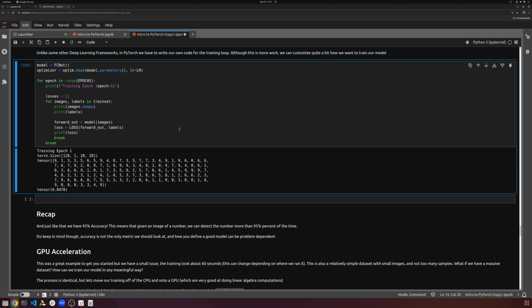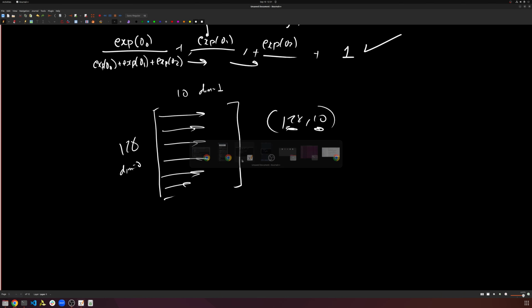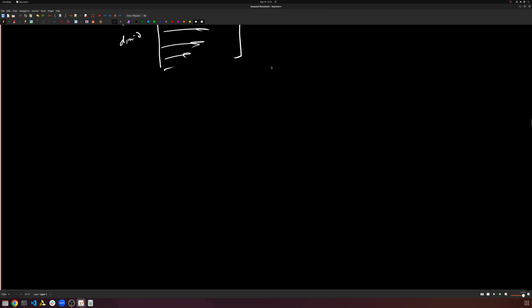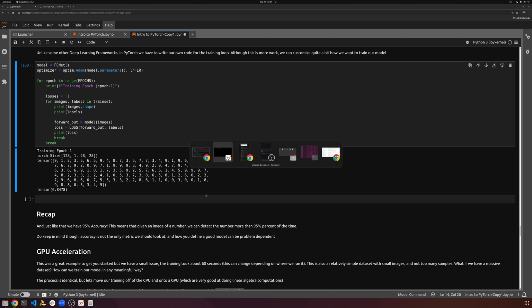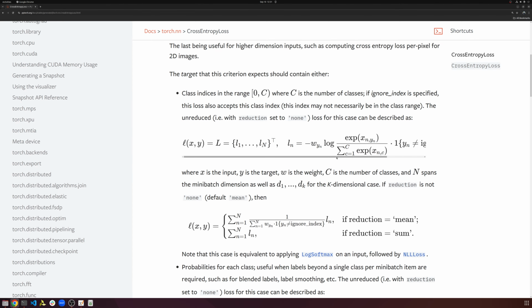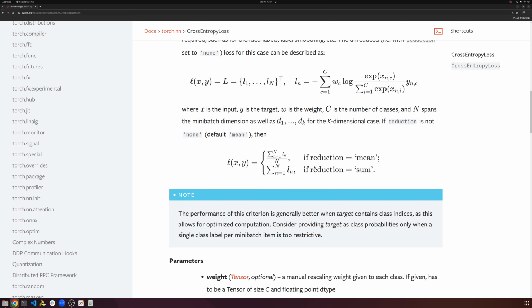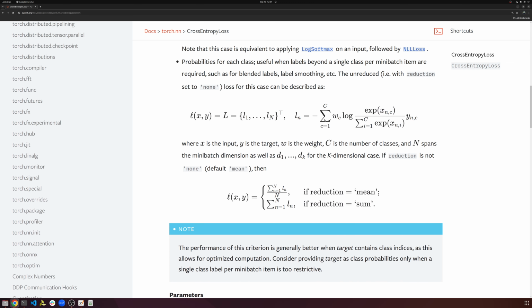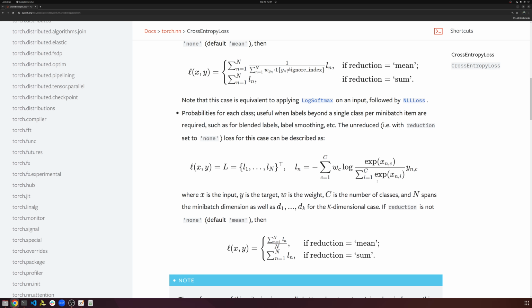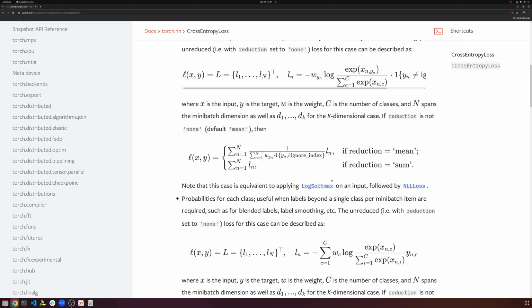Okay, so let's quickly talk about cross-entropy loss. I don't want to do too much of an aside on this. We'll have another time where we dig into it. But again, let me pull back up the docs here. Our cross-entropy loss is basically the negative sum of our log probabilities times WC, right? WC in this case is the weight.